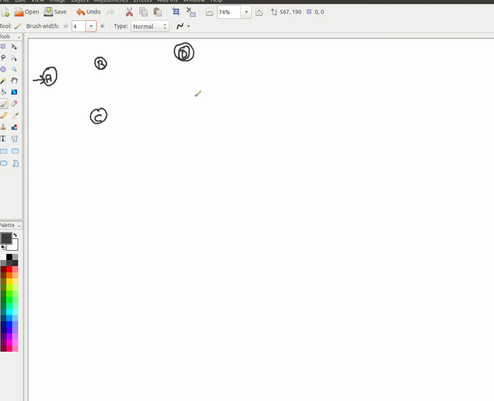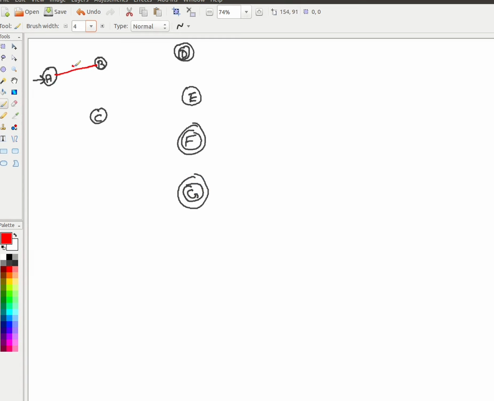Then there is E as non-final. There is F as a final state again, and then there is G. So these are a total of 7 states present in this DFA.